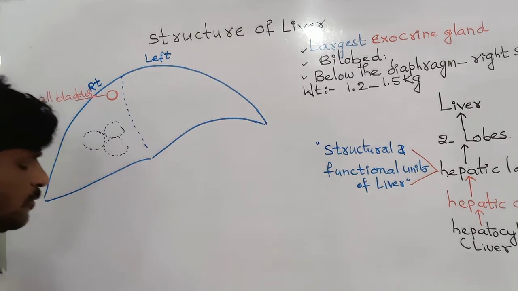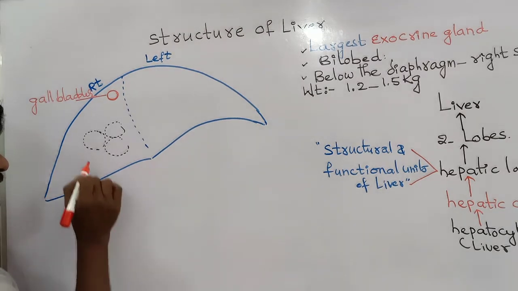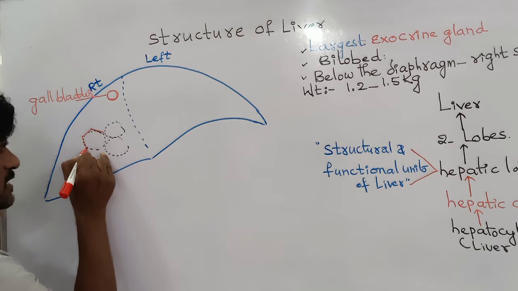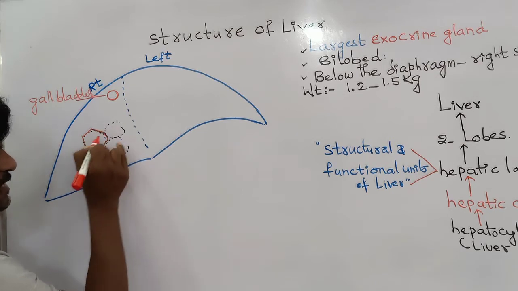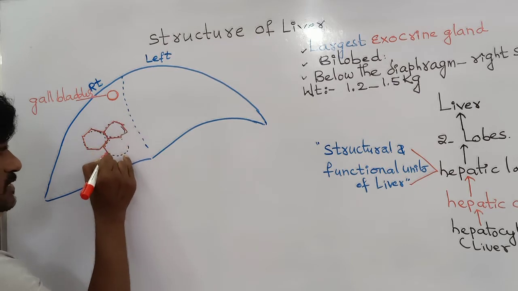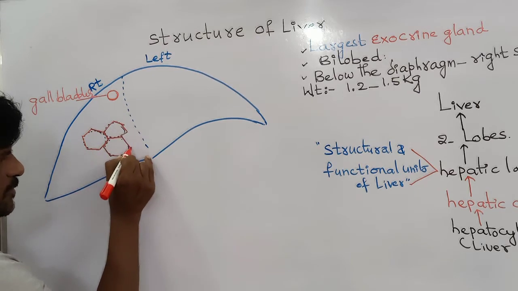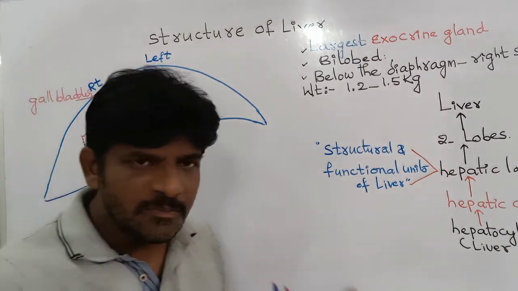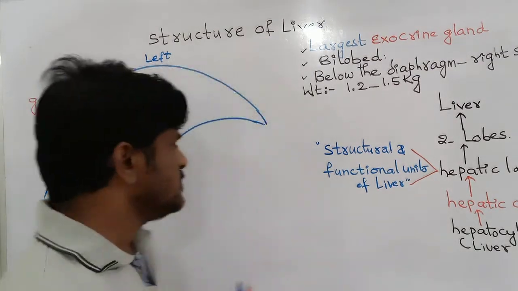Each hepatic lobule is covered by connective tissue called Glisson's capsule. This is the Glisson's capsule. Therefore, I want to discuss the structural aspect of the hepatic lobule now. See this.